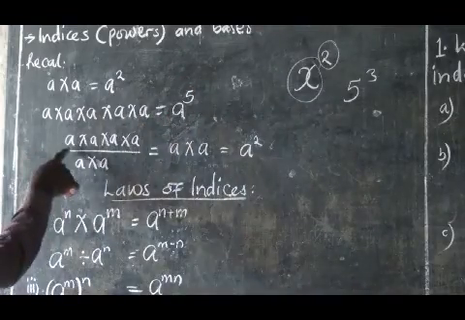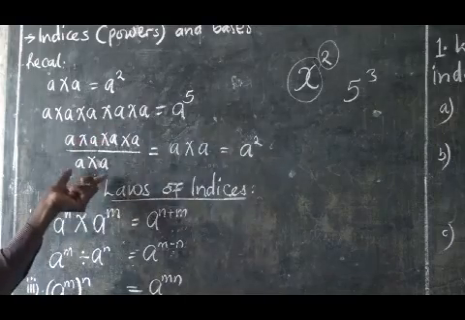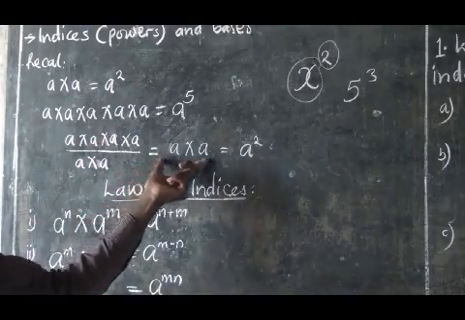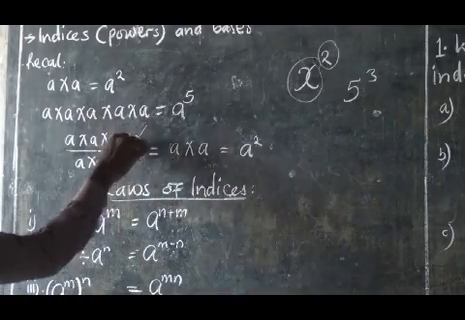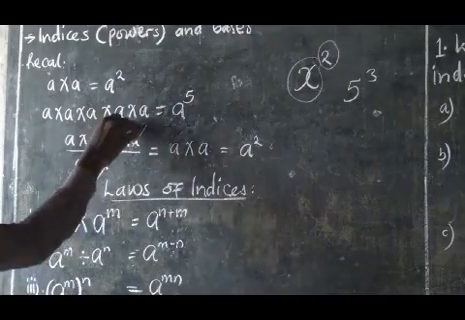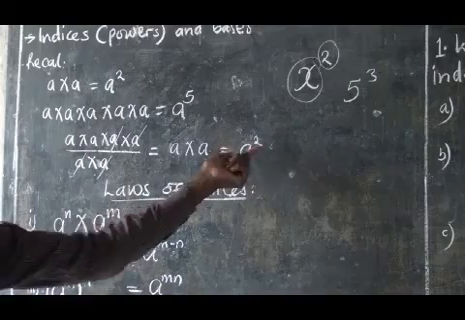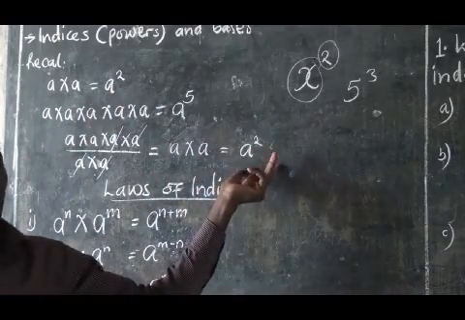Even here, a times a times a times a is a power 4, divided by a times a, which is a squared. This gives us a times a. Why? Because each a is going to cross out with one of these. We remain with a times a, and we say that a times a is a squared. So this is our answer.